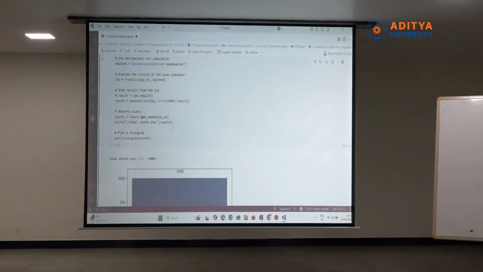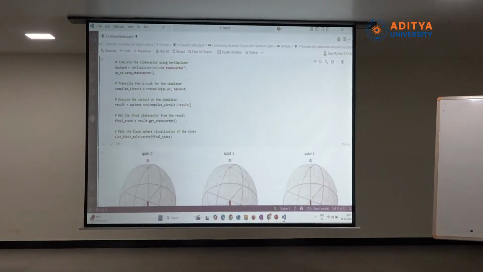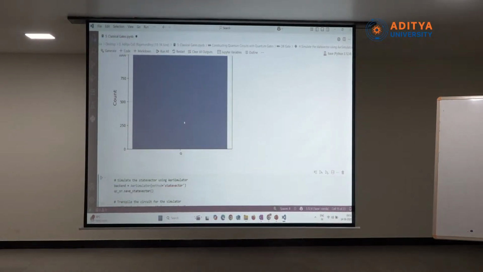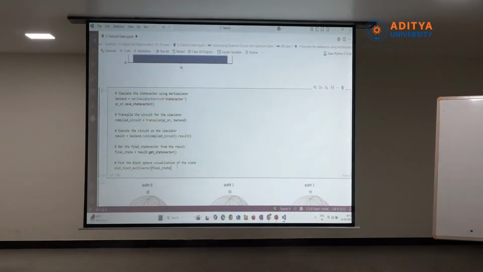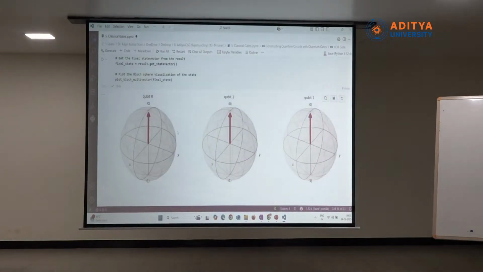Let's have a visualization here. The output is 0, and let's check the inputs here, they are set to 0 0 and the output is again 0. You may check all these things on your own also. I will share the code files at the end of today's session.